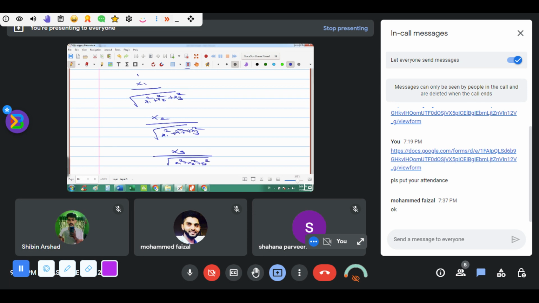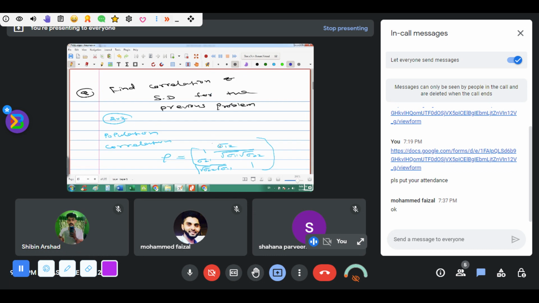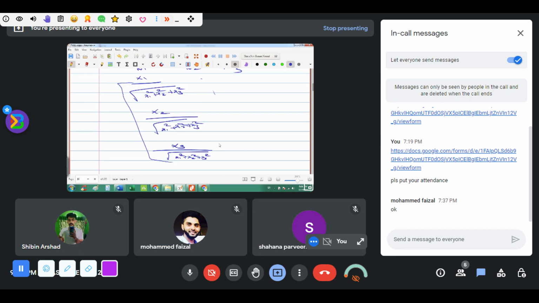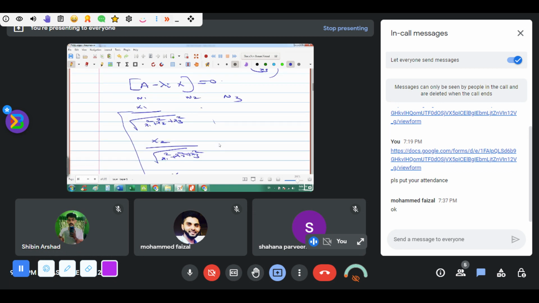This is for the first eigenvector, and likewise for the second and third. We take the corresponding 3 values and put them here. Those values are called the normalized vector. Then use the same formula for the others.